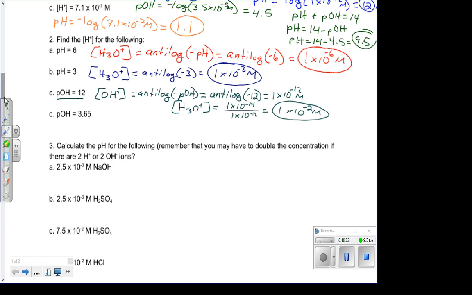The other way, and again my preferred method, is since we have the pOH, get the pH first by subtracting this from 14. So our pH is going to be 10.35.